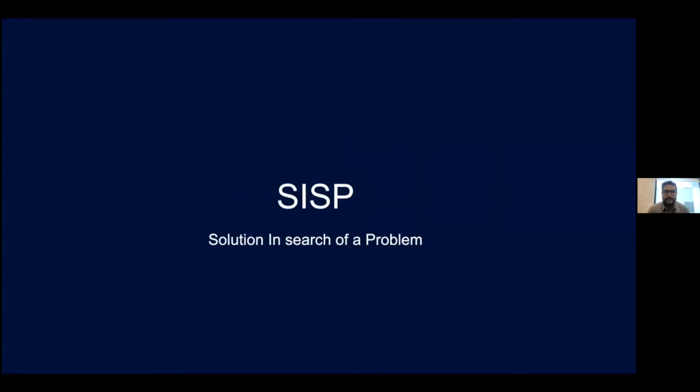And you heard about, for example, blockchain or AI, and you wanted to do a project about it. This is a good way of thinking, so choosing the technology first. But if you are thinking about building a startup, it's better to think about the problem first rather than going through the solution. So there is a term for that called SISP, solution in search of a problem.